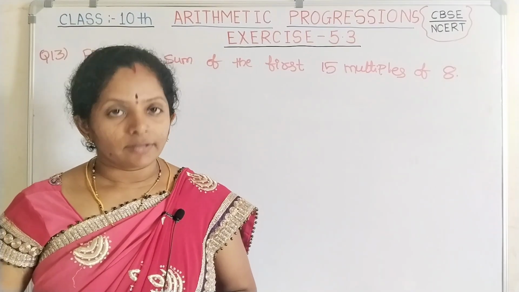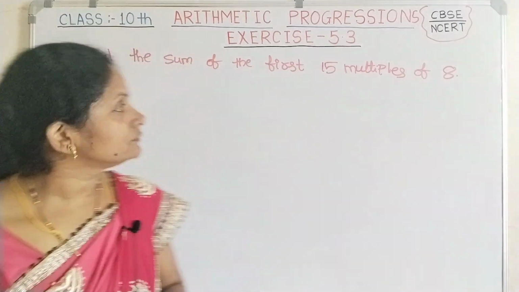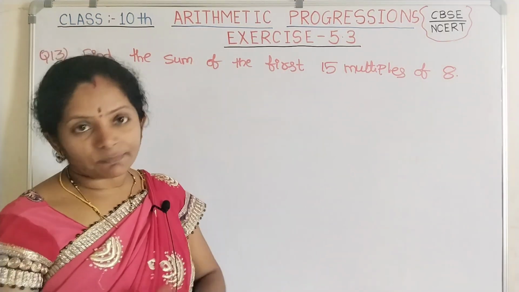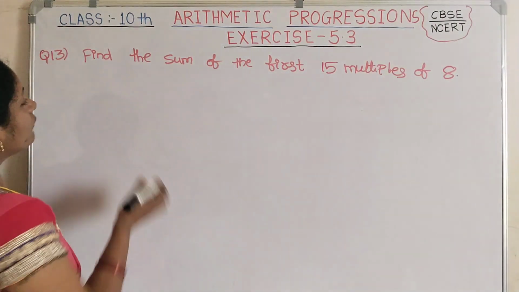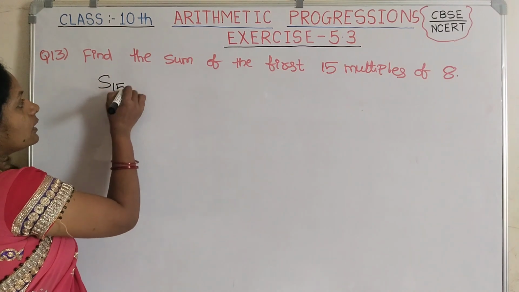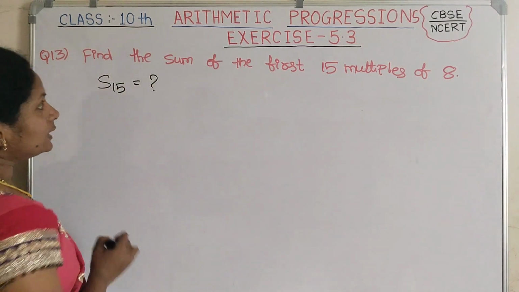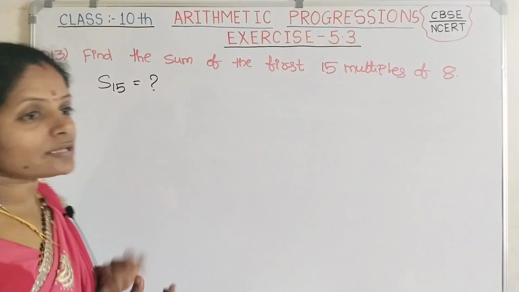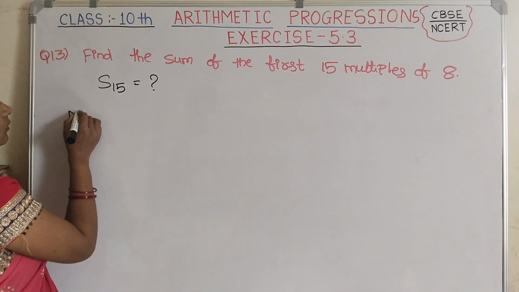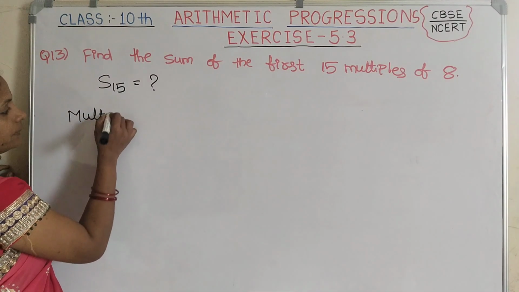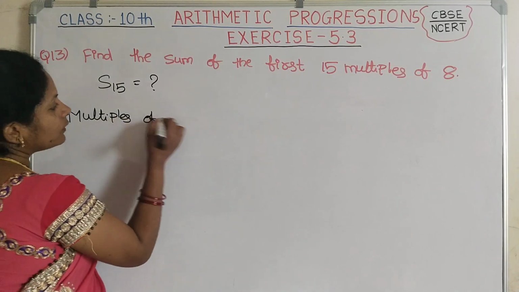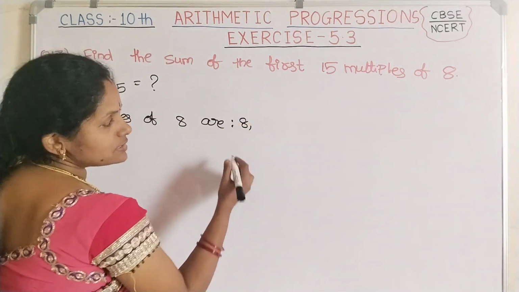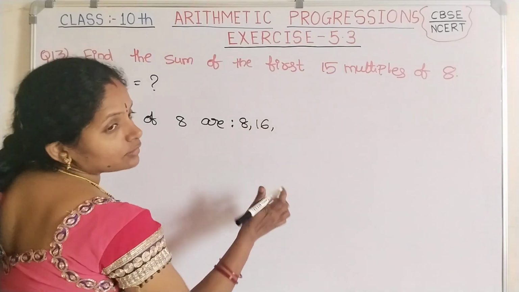Next question, it is 13. Find the sum of the first 15 multiples of 8. We have to find out S15 here. But what numbers should we take? Multiples of 8. Which are the multiples of 8? 8 1s are 8, 8 2s are 16, 8 3s are 24.